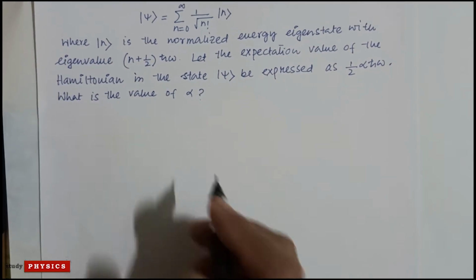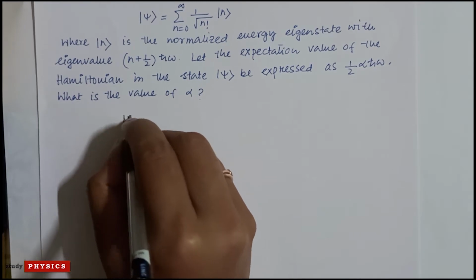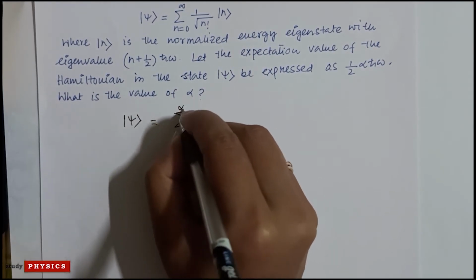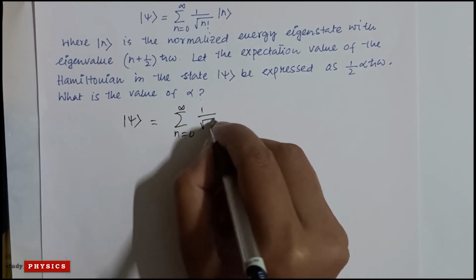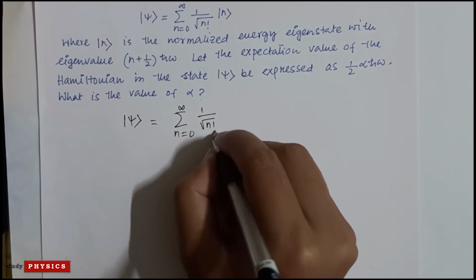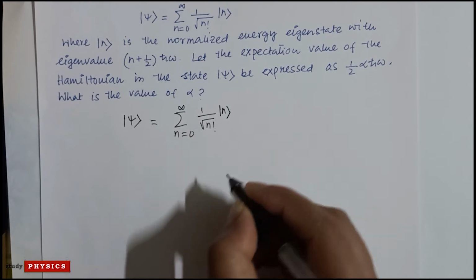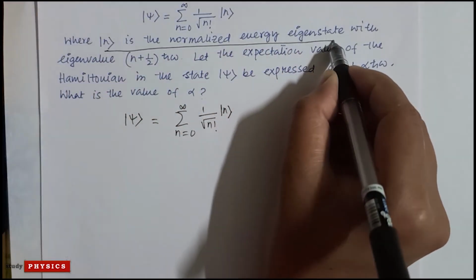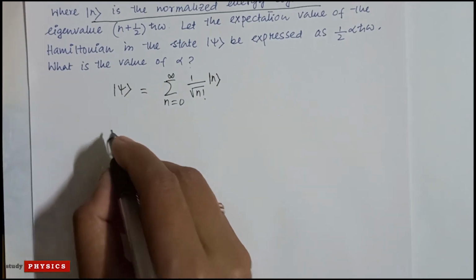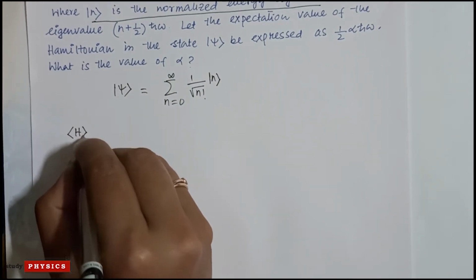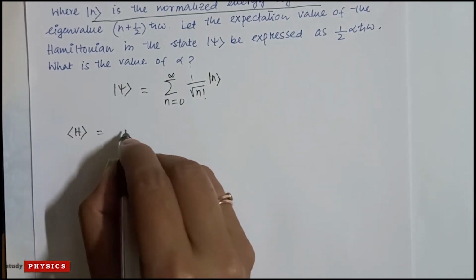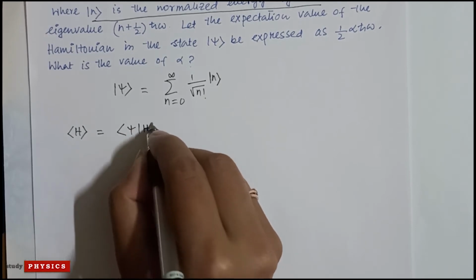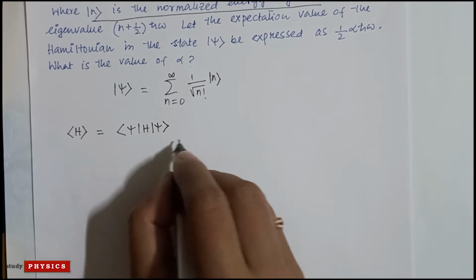So the state psi ket is the summation of n equal to 0 to infinity of 1 divided by root over n factorial, n ket. So n is already a normalized energy eigenstate. So the expectation value of H is psi bra, H, psi ket.